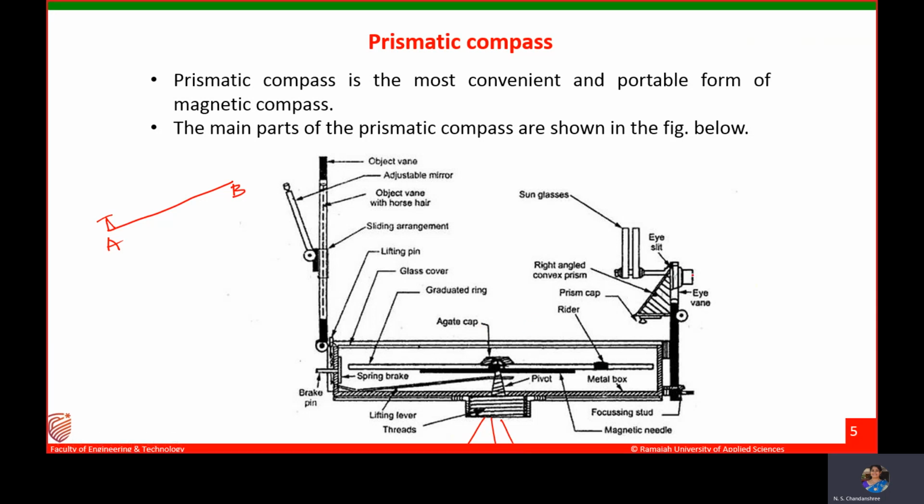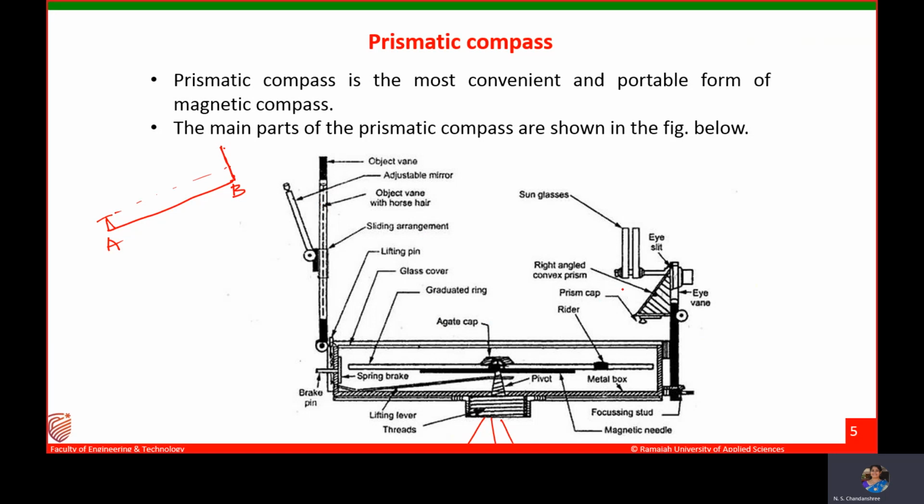Then, with the help of the eye vane, we will bisect the crosshair in the object vane and sight the object here. So if you want to find out the direction of the line AB, we can hold a ranging rod here and sight it through this. This ranging rod has to be bisected by the crosshair that is present here.